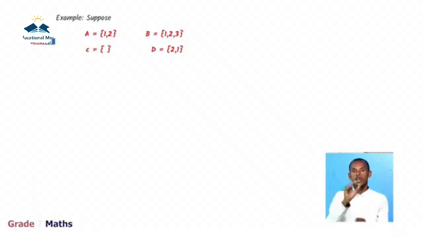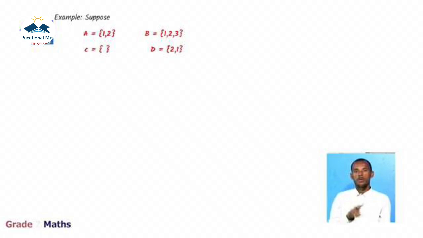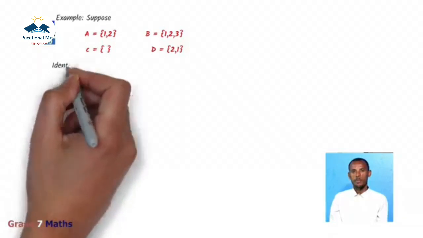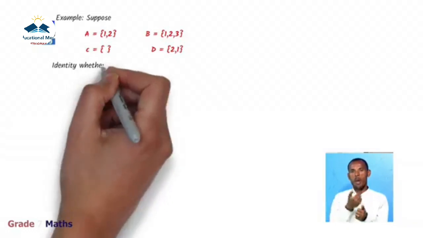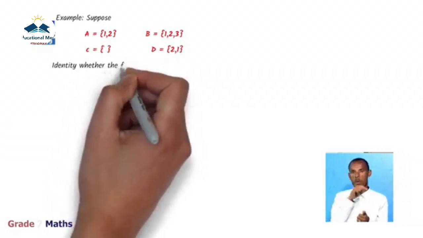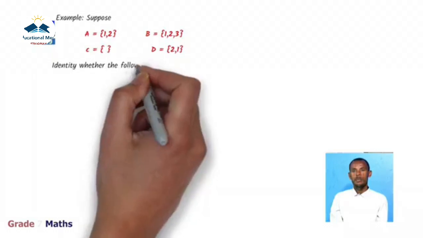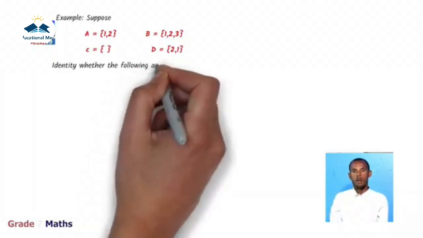Set C contains no element, it's empty. And set D contains the elements 2, 1. So, identify whether the following are true or false.